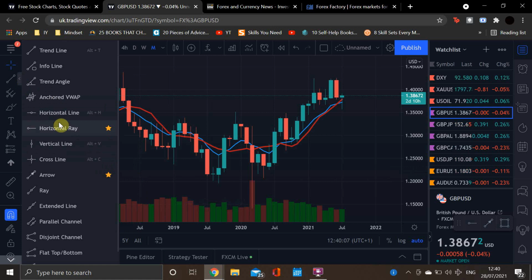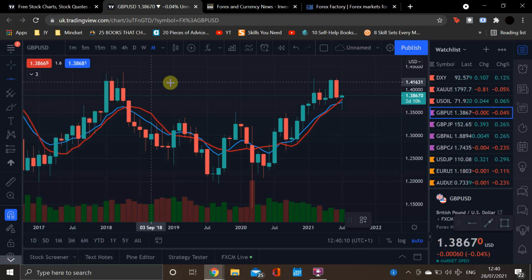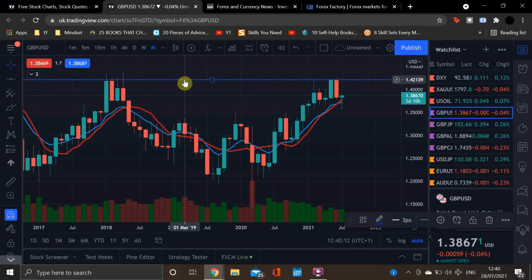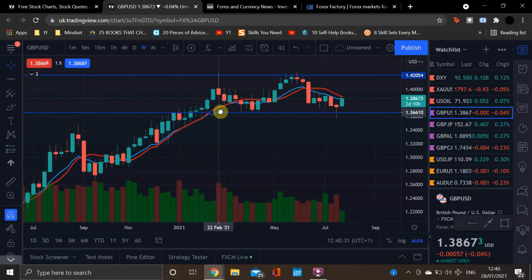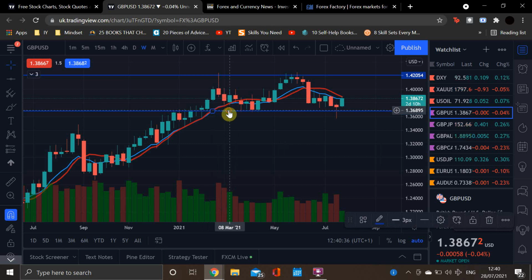Cool. As always, mark the horizontal line. Put another horizontal line here because it made its own support here.